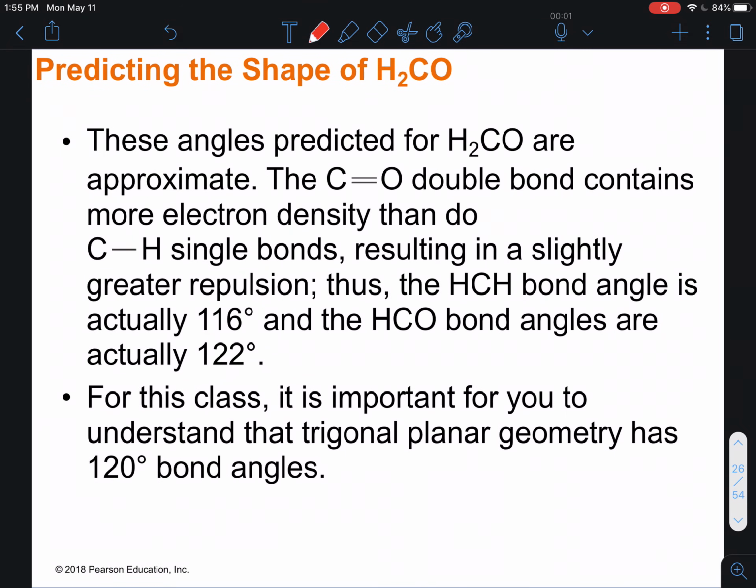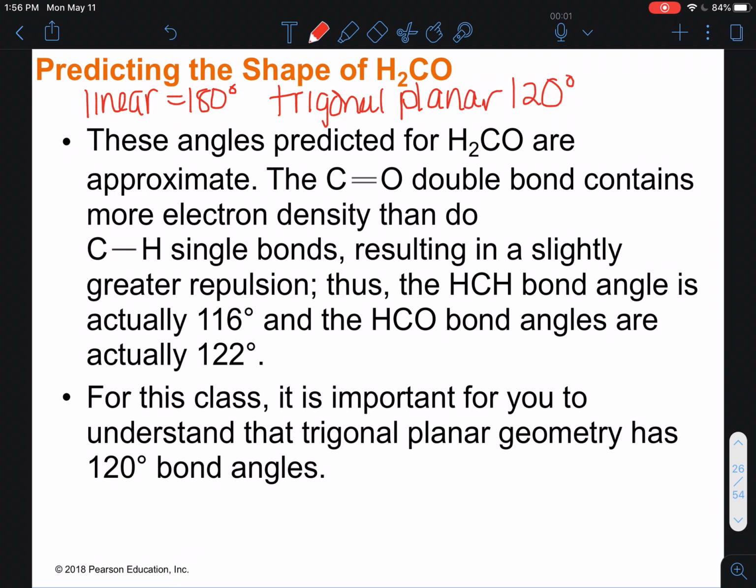For this class specifically, I'm not going to ask you to memorize 116 and 122 for this particular structure. It's just really important for you to understand that linear is 180 degrees, and trigonal planar is 120. So for this class, trigonal planar geometry has 120 degree bond angles, and linear has 180.